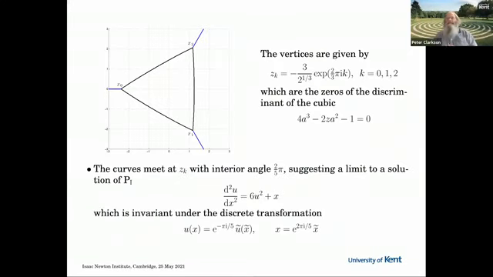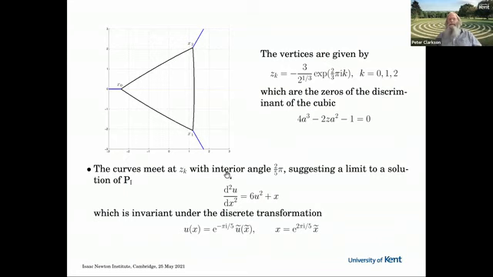So let's look in more detail at this region. What they said was the vertices are given by zk, which are these 3 roots, the zeros of the discriminant of this cubic here, which they got. I'm going to say a little bit more shortly about how you can get these vertices from a different point of view.